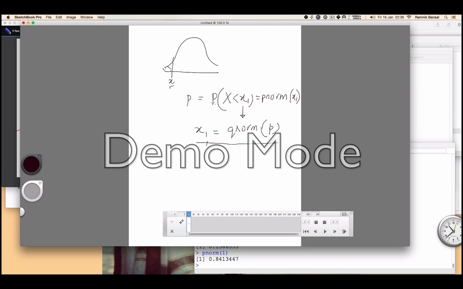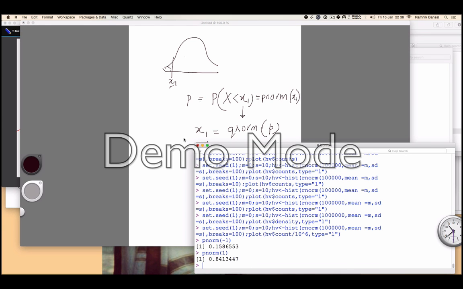The probability that X, which is a random variable, is less than X1 is P norm of X1. Now, here we said X1 is known and I'm finding out P. What if I know P and therefore I want to find X1? In the sense, what will be the value of X1 corresponding to 15% probability?